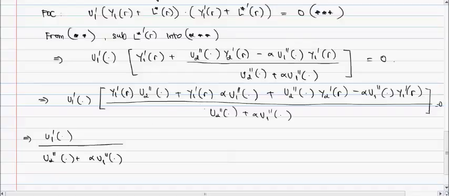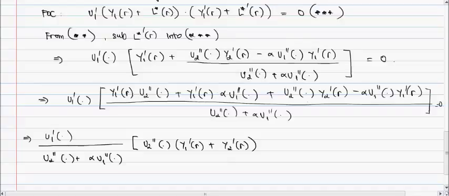Okay, so if I move this denominator to outside the square bracket, inside the square bracket I can see that maybe I can factorize something a little bit. I got u2 double dash over here, and I got u2 double dash over here. So if I take it out, I get u2 double dash times y1 dash as a function of r plus y2 dash as a function of r.